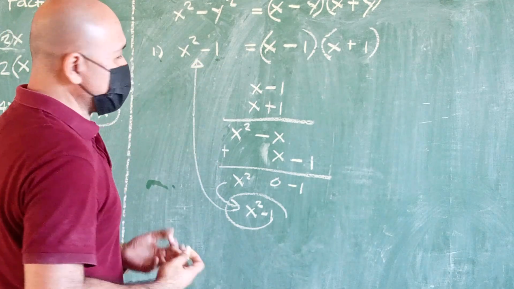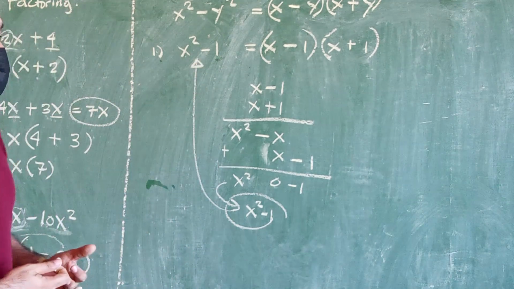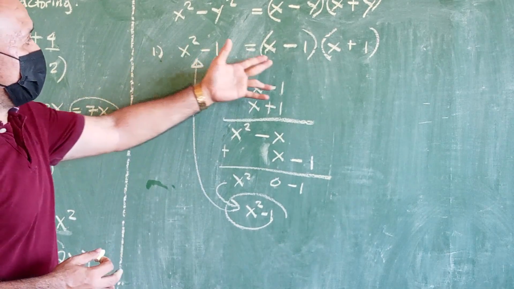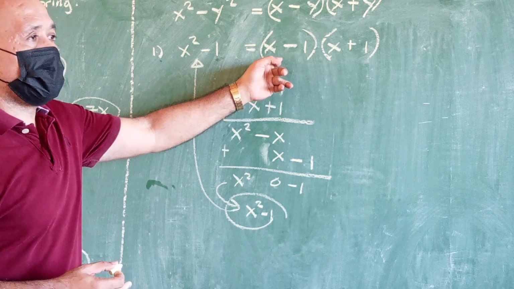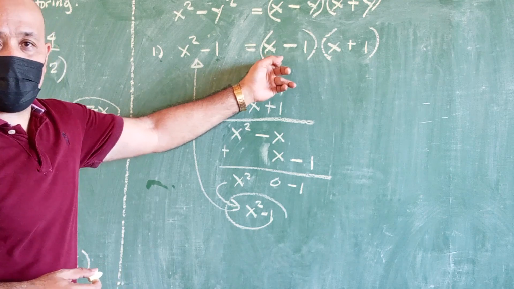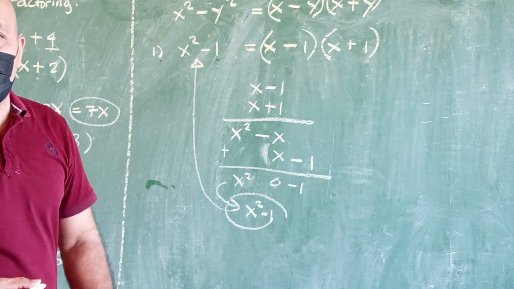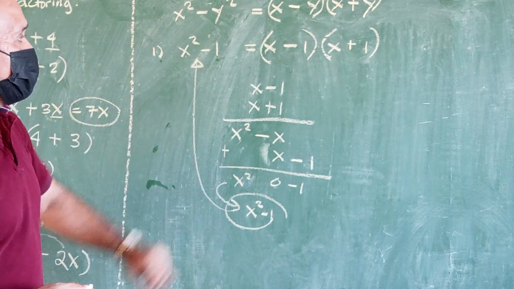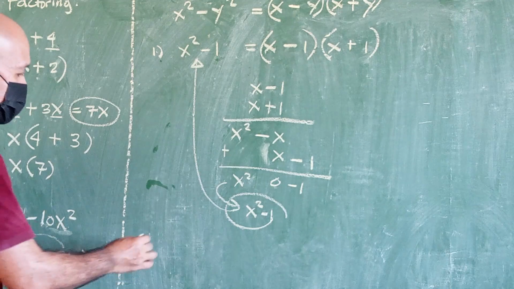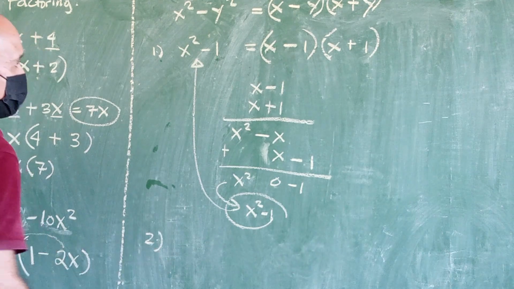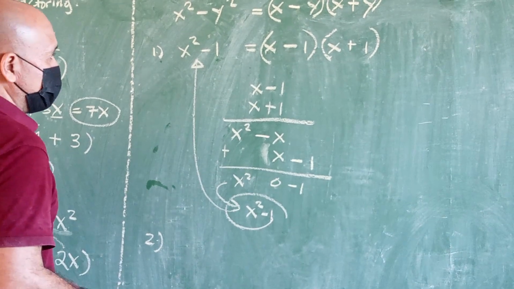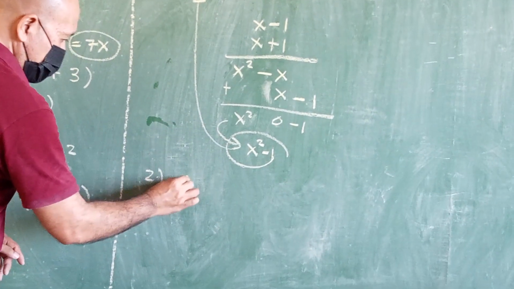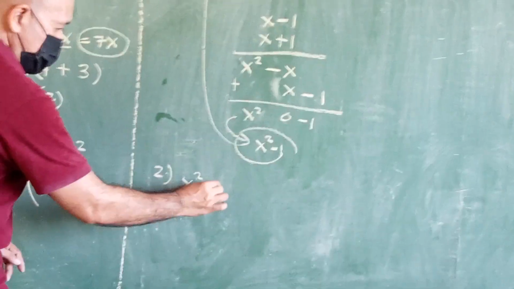Okay, so when you do it yourself, there is no need to multiply your factors to check if the result is the required factors. Just simply remember and follow the technique. Okay, last one for this difference of two squares. You may have x squared minus 4.